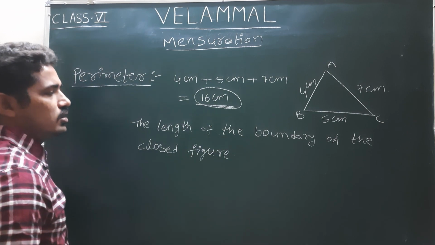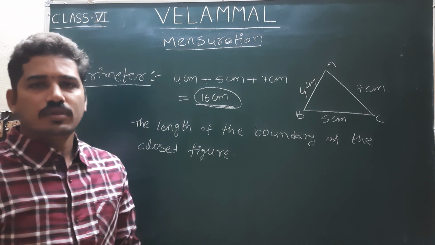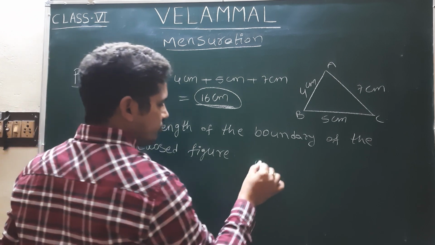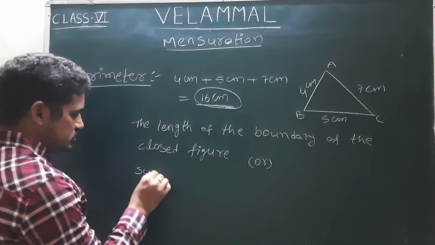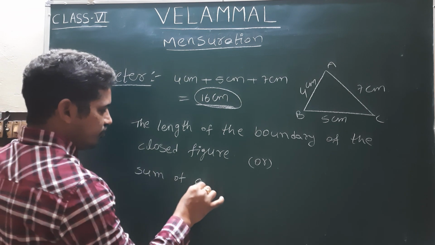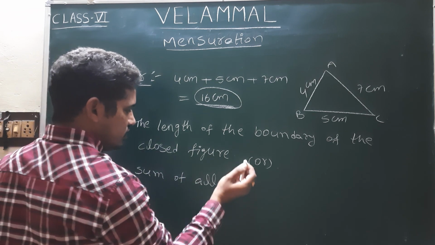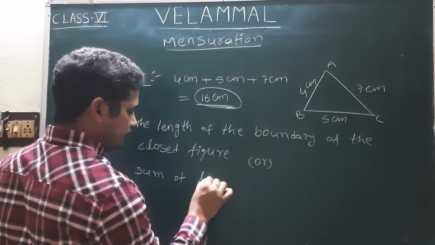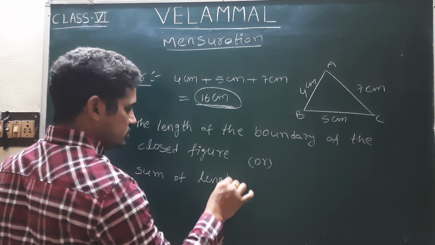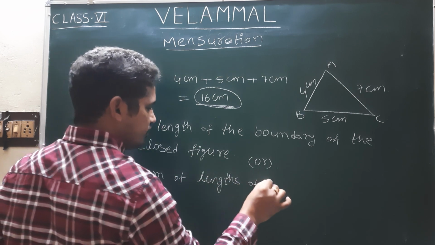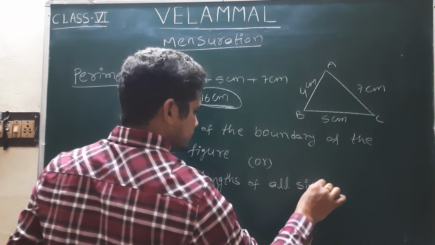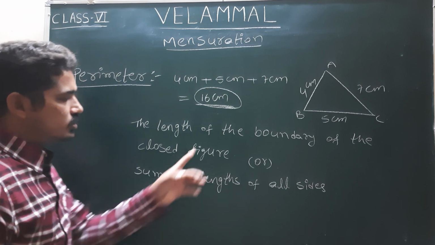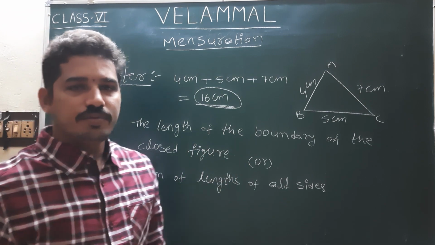Or else, perimeter can also be said as the sum of the lengths of all sides. So both can be said as definitions of the perimeter.